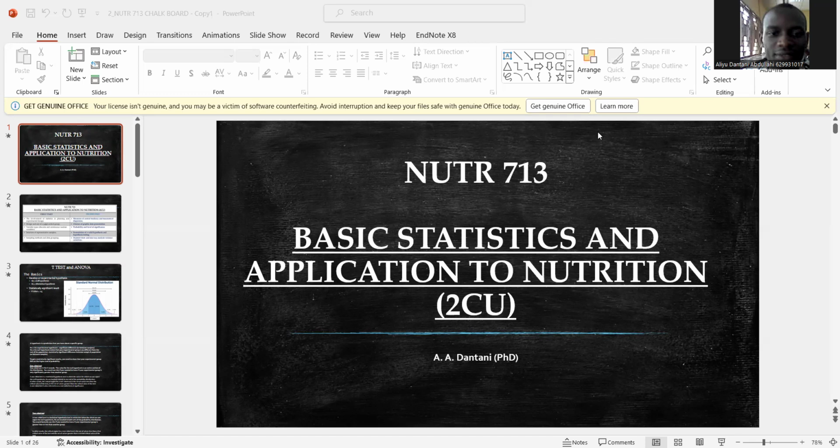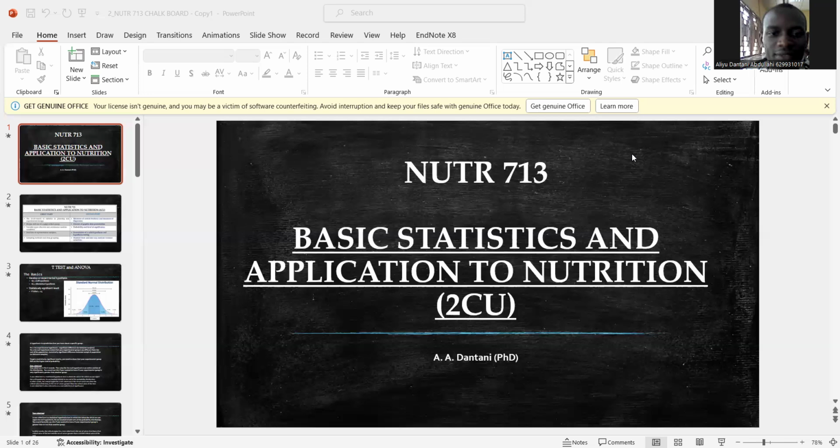The first lecture provided a concise introduction to basic statistics. We treated concepts like the mean, median, mode, weighted averages, basically measures of central tendency.